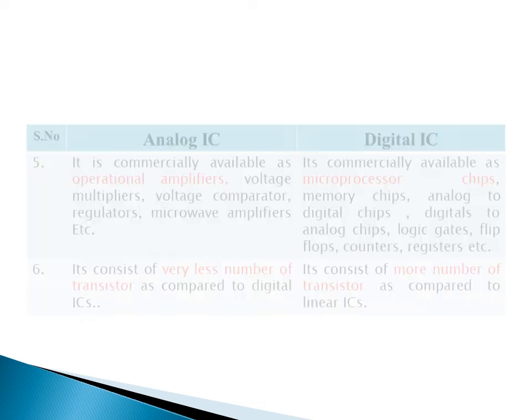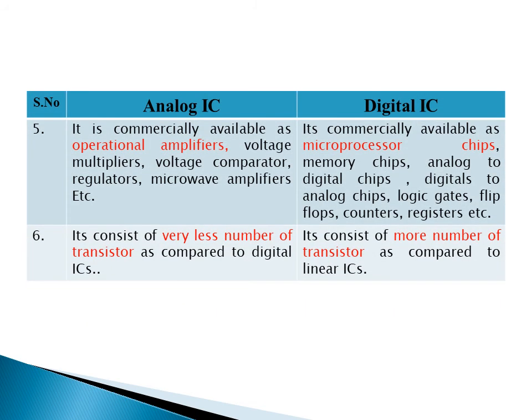Let me add some more data to the difference between analog and digital IC. Analog IC is available as an operational amplifier, multiplier, comparator, regulator and microwave amplifier. We have analog ICs in these forms. Digital IC is available in the form of ADC, analog to digital converters, digital to analog converters, logic gates, flip-flops, counters, registers, memory cards.